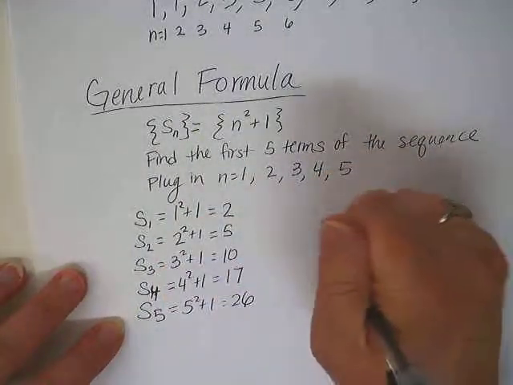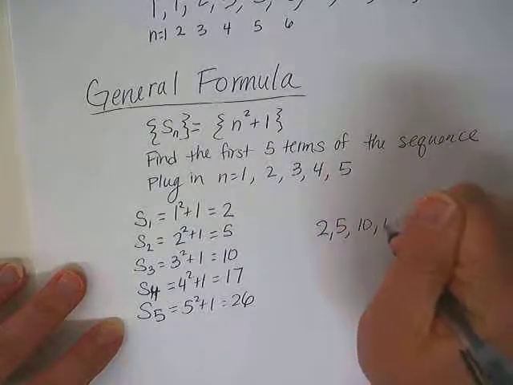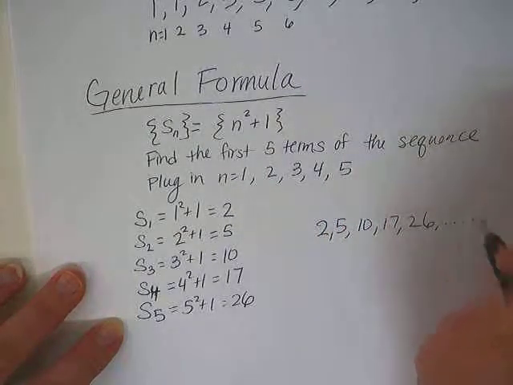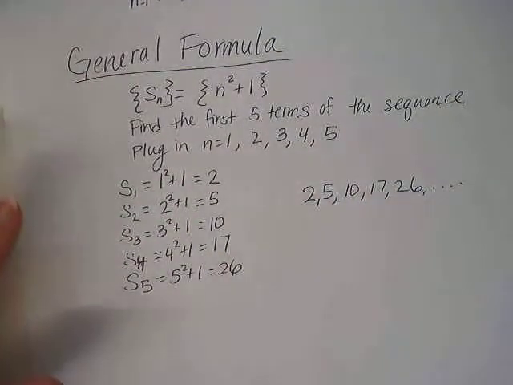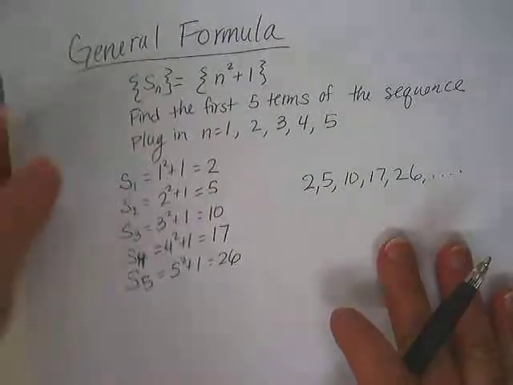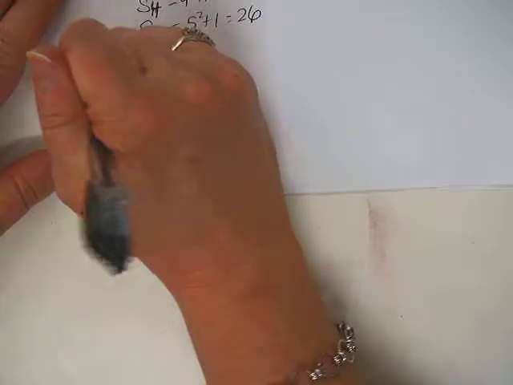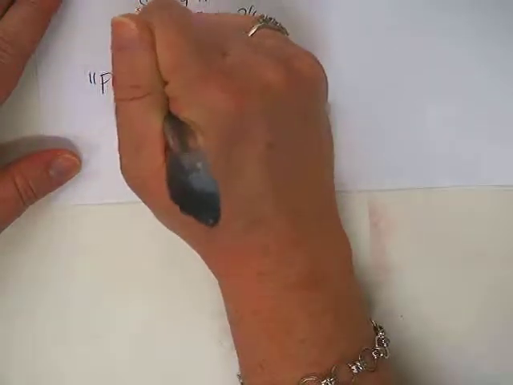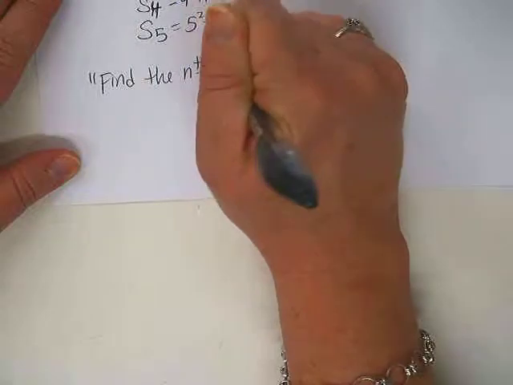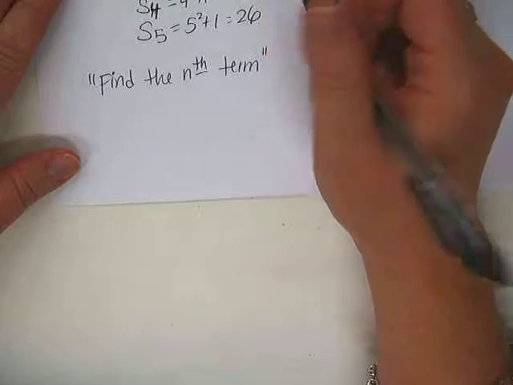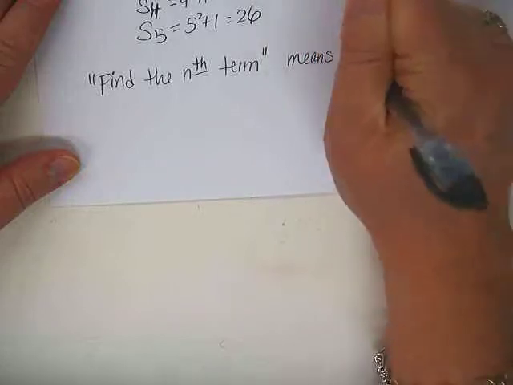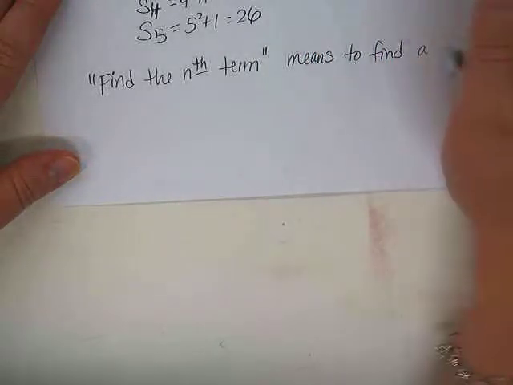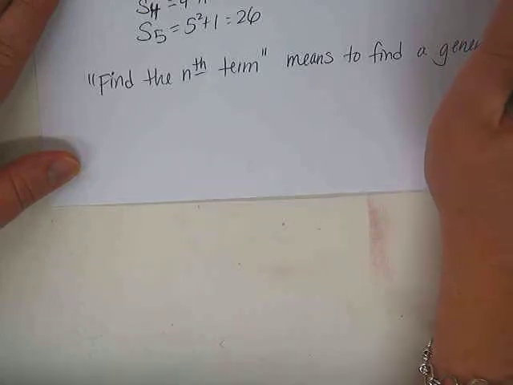Okay, so the sequence that they wanted us to create begins with these 5 numbers, and if you kept plugging more numbers in, you would get the rest of the sequence, which presumably goes on forever. Okay, when a question says find the nth term, that is sequence-ese, language in math language, asking you to find a general formula.